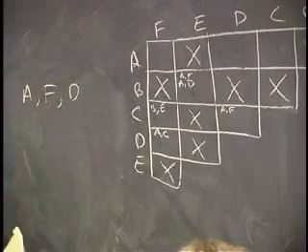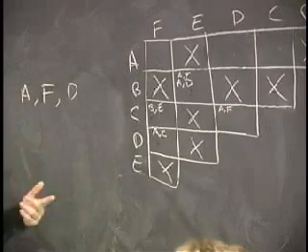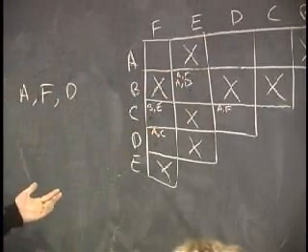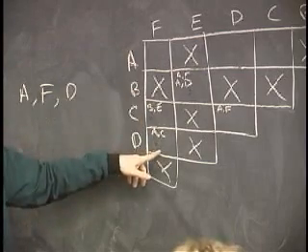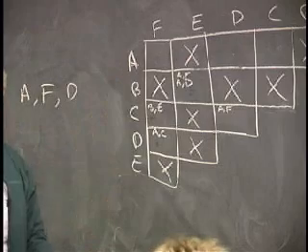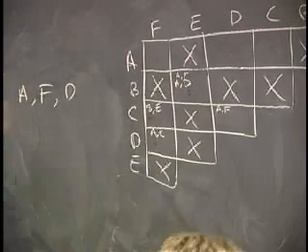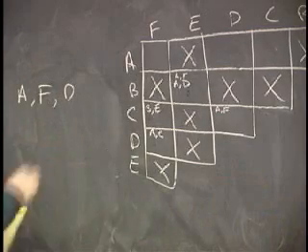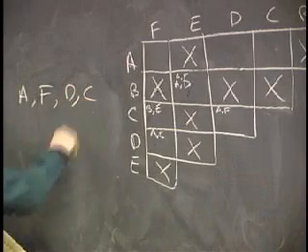F and D should also be the same. Remember, this is an equivalence relation. It's transitive. If A and F are the same and A and D are the same, then F and D should be the same. It is. If there had been an X here and no X's in all the other words, it means you made a mistake. You made some error. If AF and AD are indistinguishable, then so are F and D indistinguishable. And AC is indistinguishable.